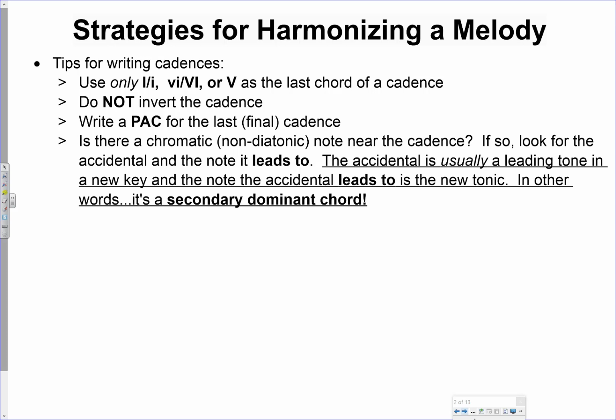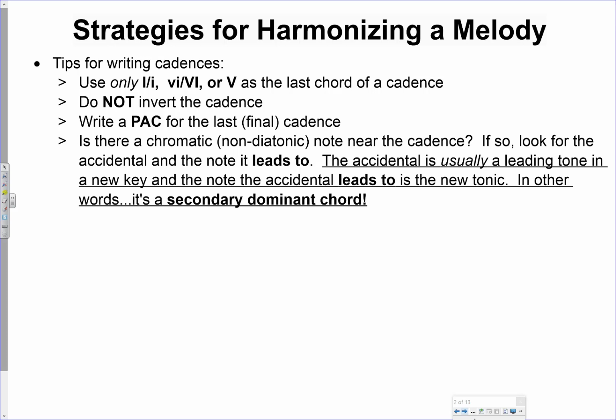Okay, so more on strategies for harmonizing a melody. Here are some tips for writing cadences, which remember you're going to want to work first. Use only the major or the minor 1, depending on if it's a major key or a minor key. Use only the minor 6 or the major 6th, or the major 5 as the last chord of a cadence.